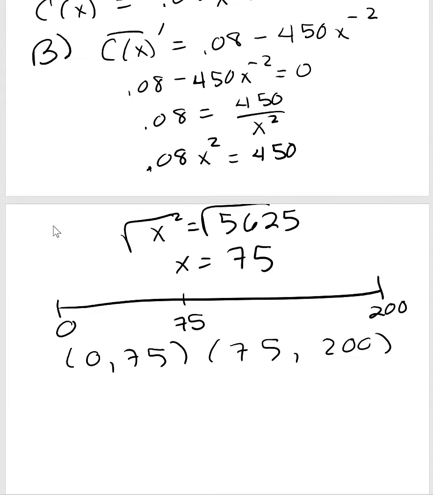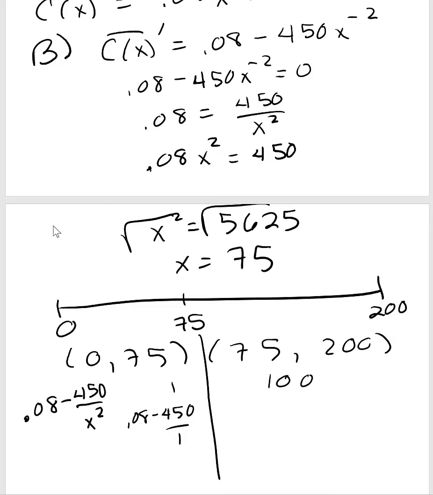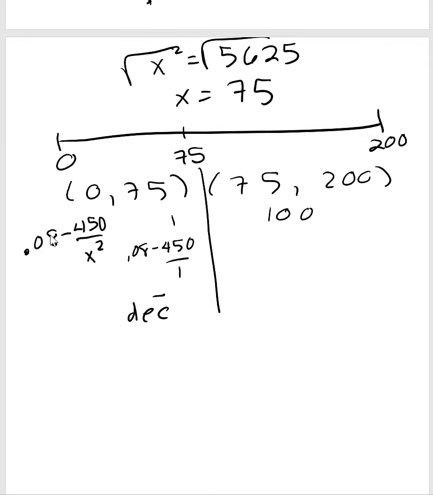We're plugging this into our marginal average cost, which was 0.08 minus 450. I'm going to write it over x squared. I think that'll be easier. So let's say we need to pick a number from 0 to 75. 1 looks pretty good. 75 to 200, I like 100. Okay. So if I put 0.08 minus 450 over 1 squared, I can even write it minus 450 over 1. 0.08 minus 450, that's negative, so I know right here this is decreasing. Same thing with 100.